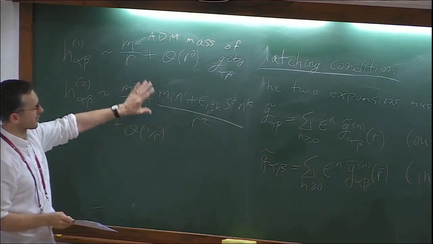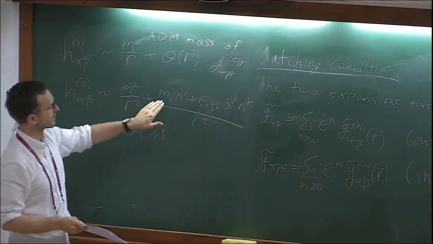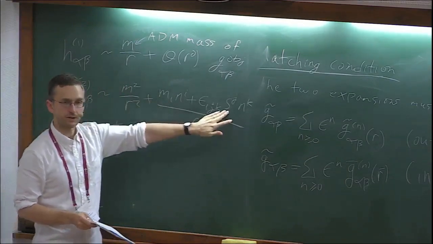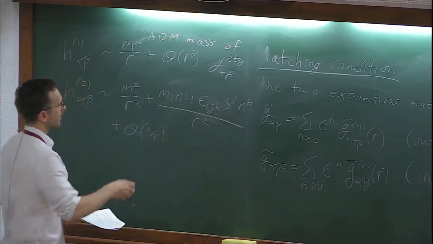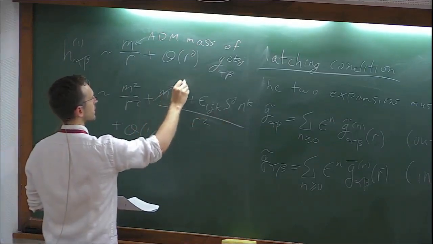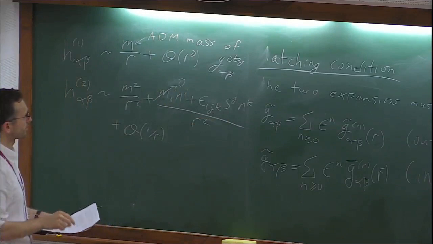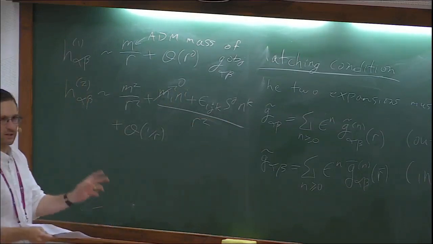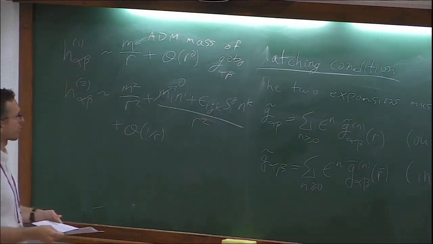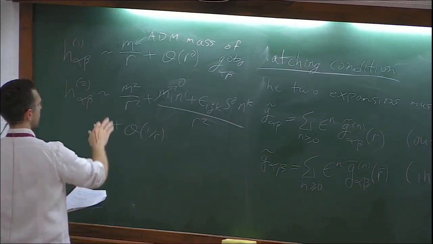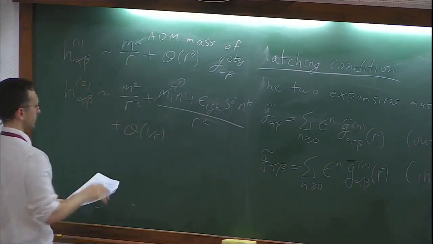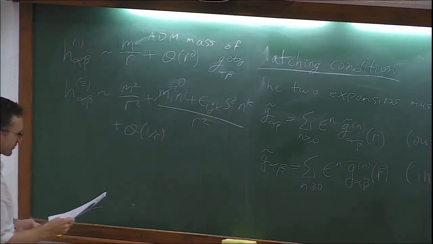So the new information that appears at second order is the mass dipole moment and the spin of the small object. And we're going to set the mass dipole to be 0, making our object effectively centered on the center of our coordinate system. So this is the leading behavior for small values of r of h1 and h2.